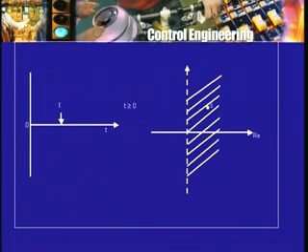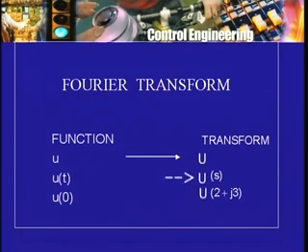So the t here is usually restricted to t greater than or equal to 0, and then we obtain the function capital U, which is the Laplace transform of the function small u, but the number s here will denote a complex number in general, and U(s) will also be complex. So U will be a complex valued function of a complex variable s.